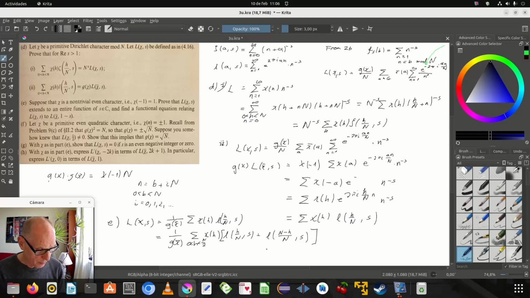And in problem part C, we proved that these are entire. Are they entire? Yes, that this is an entire function.